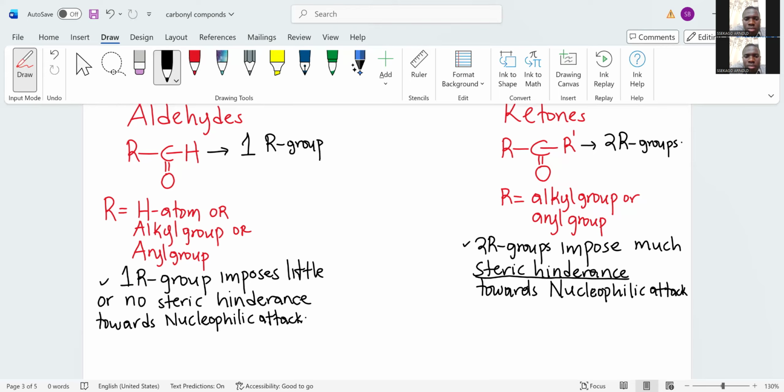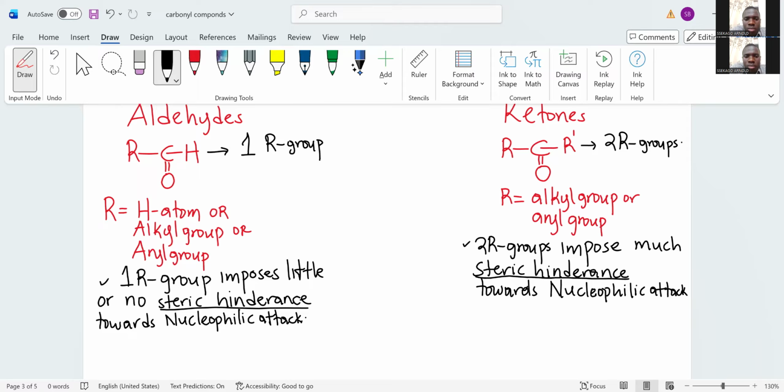So what have I said in general? That two R groups impose much steric hindrance towards nucleophilic attack. I'm going to comment on what I mean by steric hindrance. That two groups cause much steric hindrance, then one group imposes little or no steric hindrance towards nucleophilic attack.